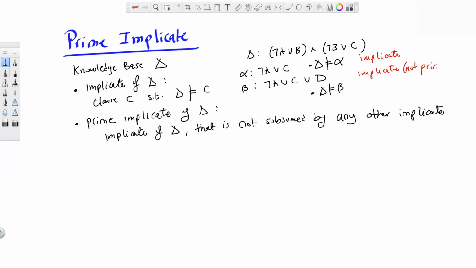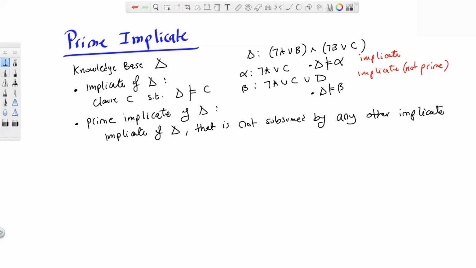Now let me ask you another question. Is the first one a prime implicate? A prime implicate has to be an implicate, and we established that, and no subset of it can be. The only way you can shorten this is by dropping C, and this way you get not A. Is not A implied by this? It's not.